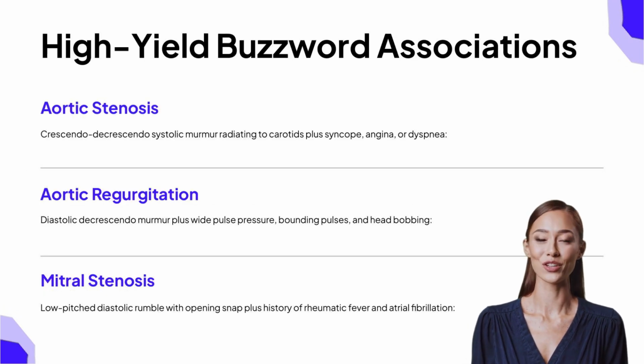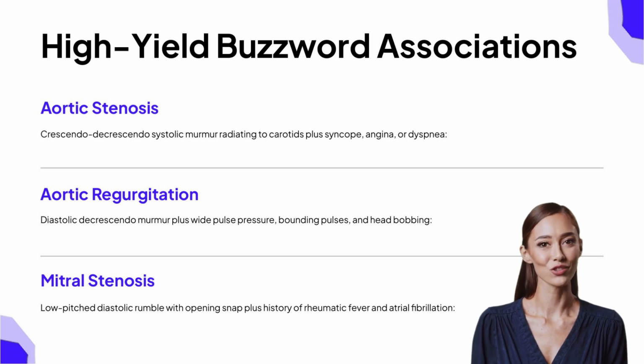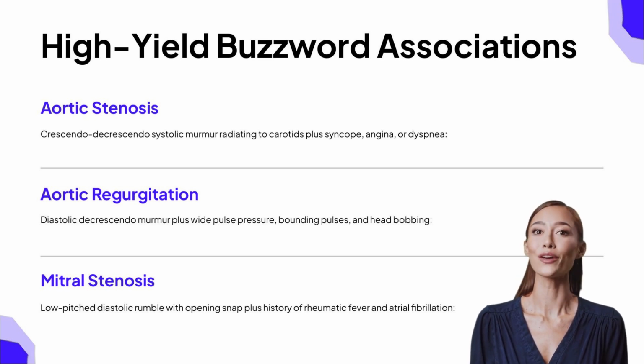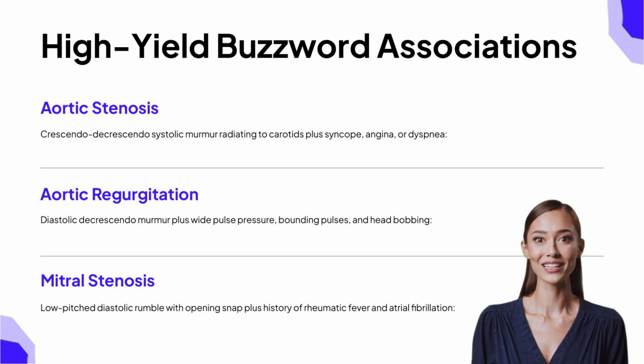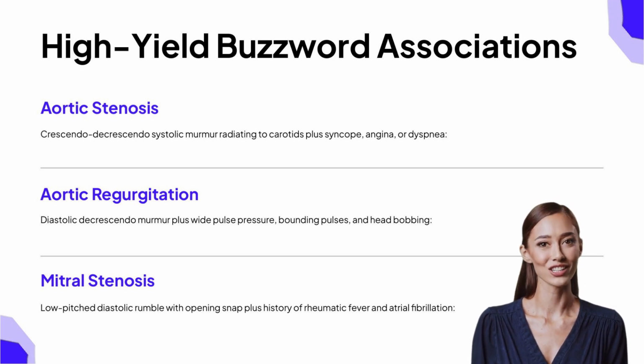Let me give you the buzzwords that test writers love. For aortic stenosis, look for a crescendo-decrescendo systolic murmur that radiates to the carotids, and symptoms like syncope, angina, or dyspnea. The classic triad is syncope, angina, and heart failure. For aortic regurgitation, the murmur is diastolic and decrescendo.